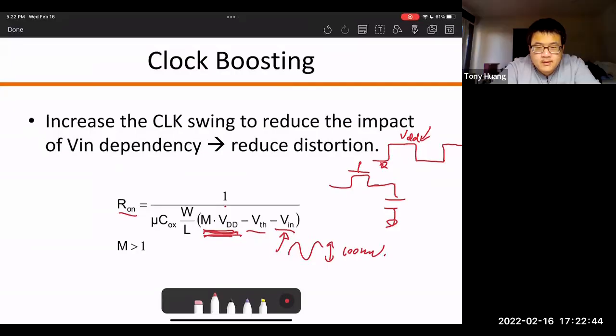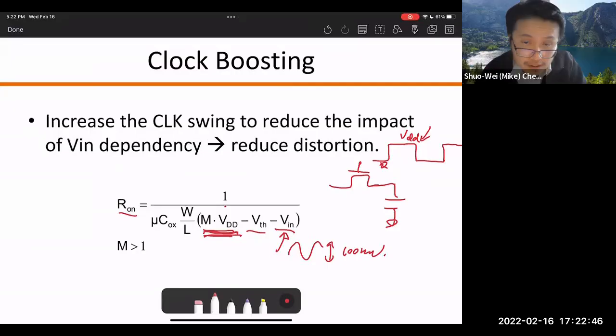It will be smaller, because this 100 millivolts relative to the entire M times VDD is smaller. We call it clock boosting because we are really trying to increase the clock swing. It decreases the dependency on V in. That makes sense, so that's one benefit.